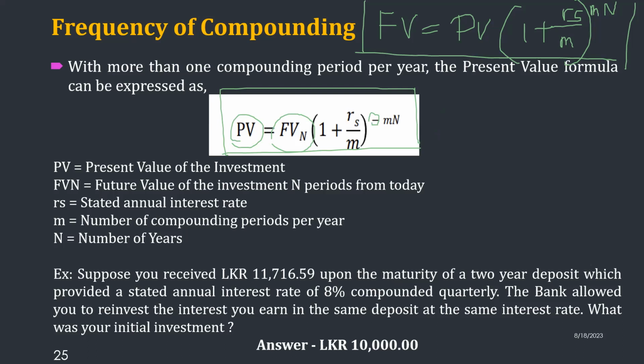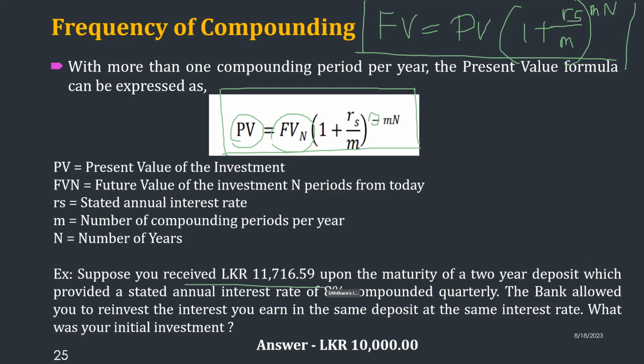PV is the present value of the investment, FV is the future value, r is the stated annual interest rate, m is the number of compounding periods, and n is the number of years. And here I have given you an example. Suppose you have received 11,716.59 rupees upon the maturity of 2 years.